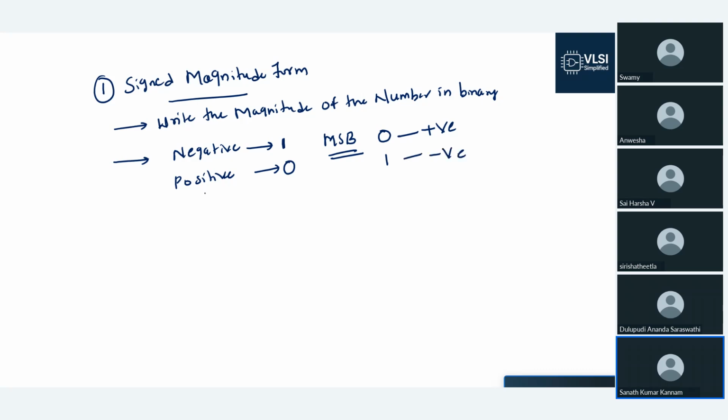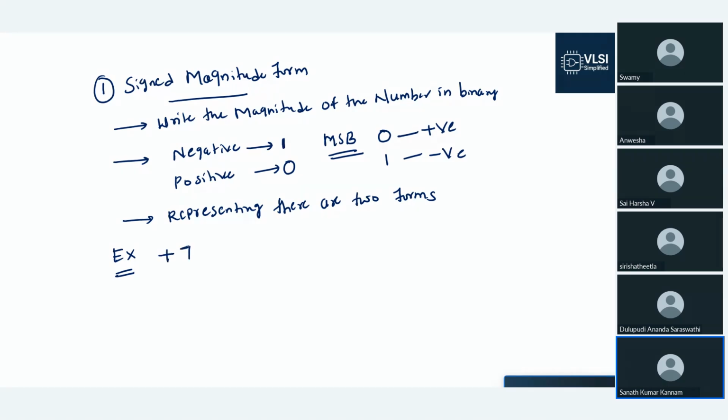In this there are two different forms for representing 0. This we will discuss: why for the representation of zero there are two forms, that you need to remember.